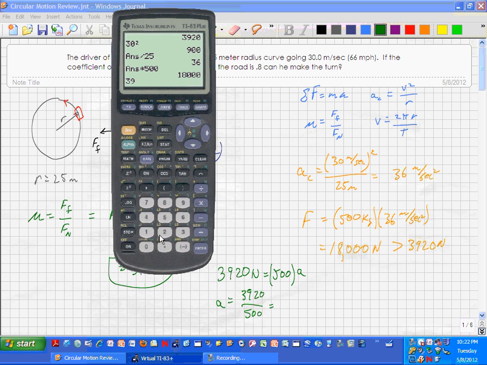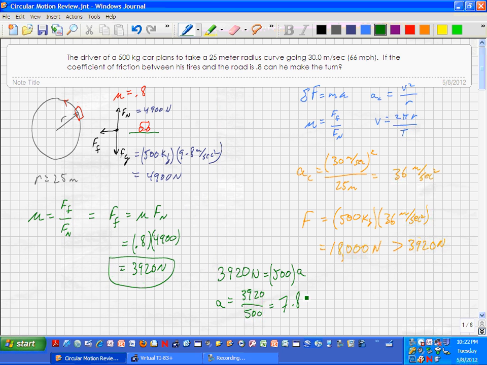So 3,920 divided by 500 is going to be about 7.8 meters per second squared, which again is less than 36. So 36 is what the car is generating by going 30 meters per second around the curve. He's not going to be able to keep the road. He's going off the road based on the acceleration.